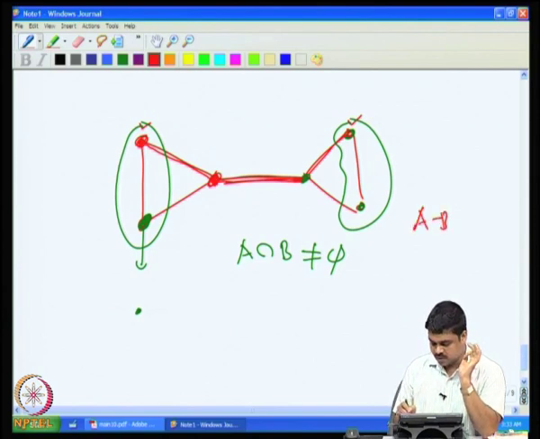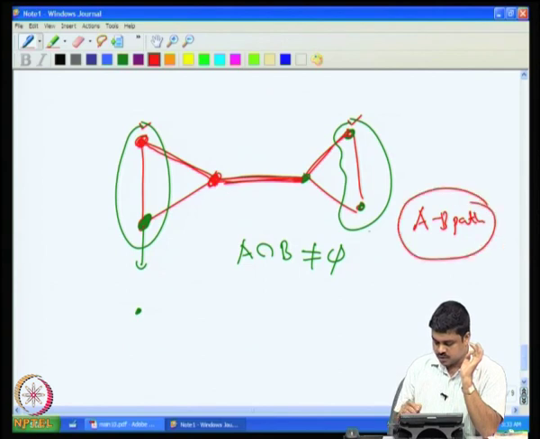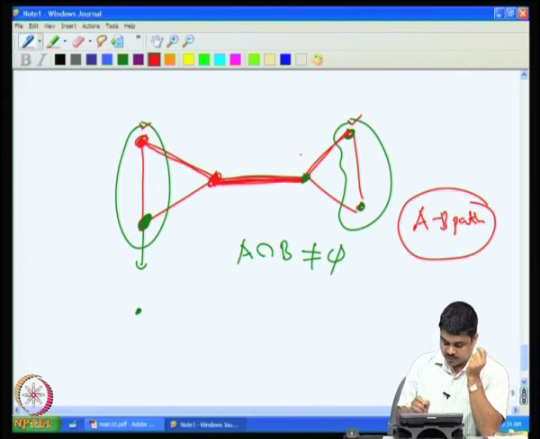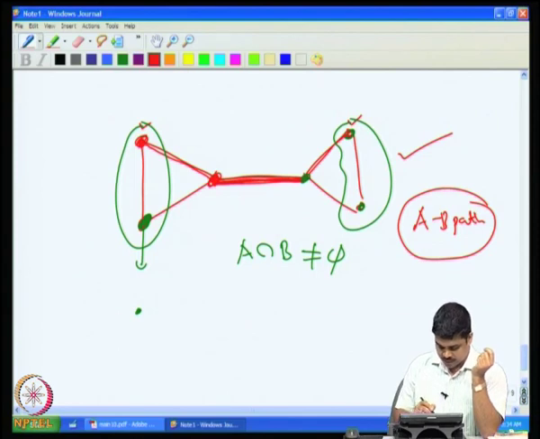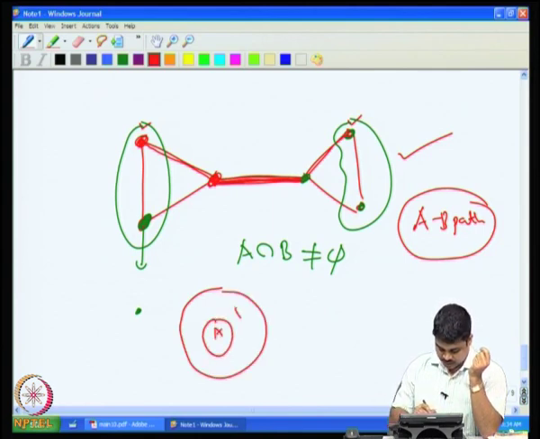Understood. Also it's possible to have a direct edge from the set A to B. All such possibilities are allowed. For instance, it is possible that A is a subset of B, in which case each vertex of A will define one AB path having just one vertex. So that's all the AB paths.